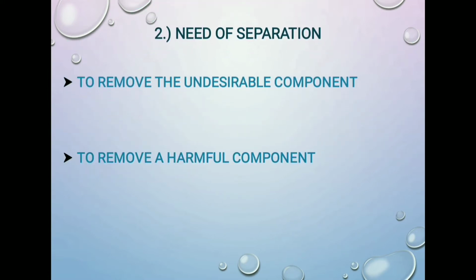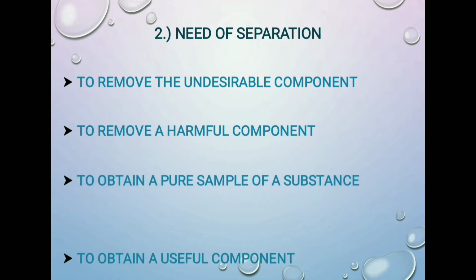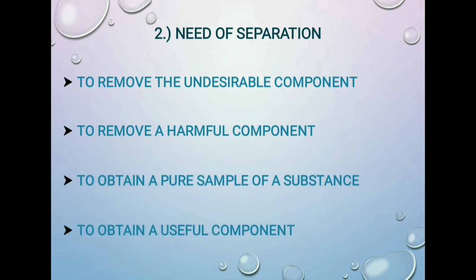Now, our next topic is the need of separation. Students, we need to separate the components of a mixture for various purposes, such as number 1, to remove the undesirable component, the meaning of undesirable being बिना काम का. Number 2, to remove a harmful component.